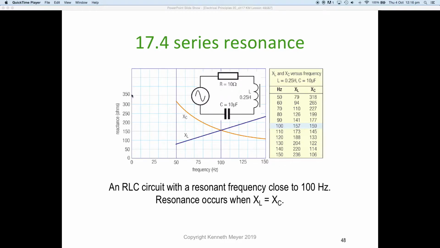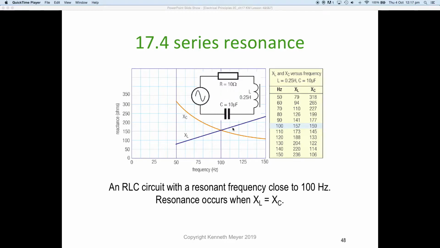If we were to plot the inductive reactance, we would get this blue line. As the frequency goes up, the reactance also goes up.